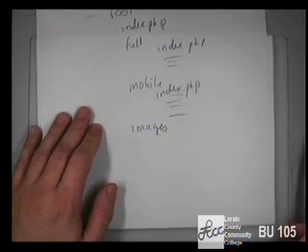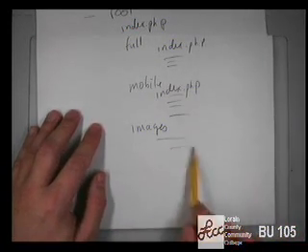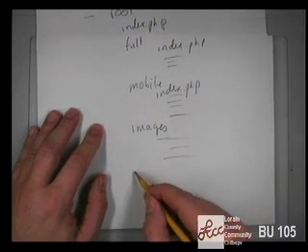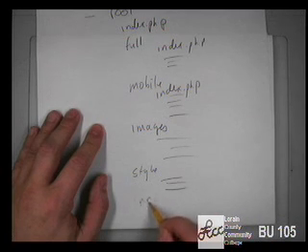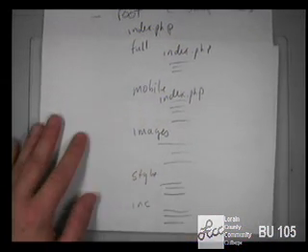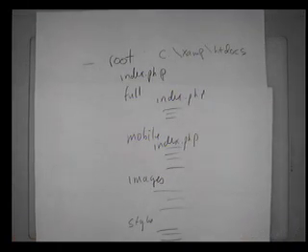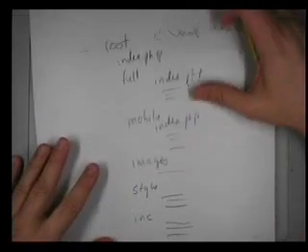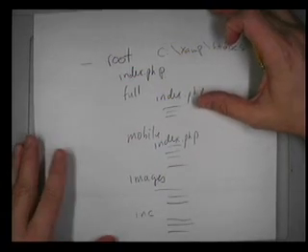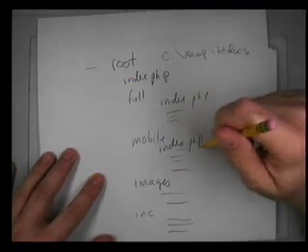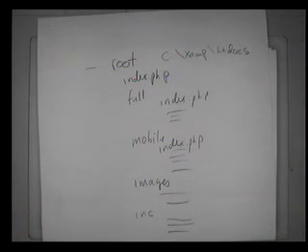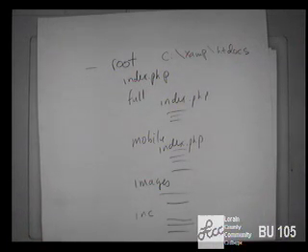I don't know if we will in this case, but we could. We're going to have a style folder, and an include folder. In this way, we can put some common files that both of these need. Therefore, to get the banner, the full web page and the mobile web page will go up and find the include file for the banner.